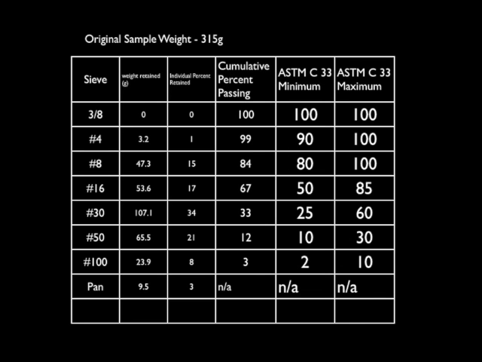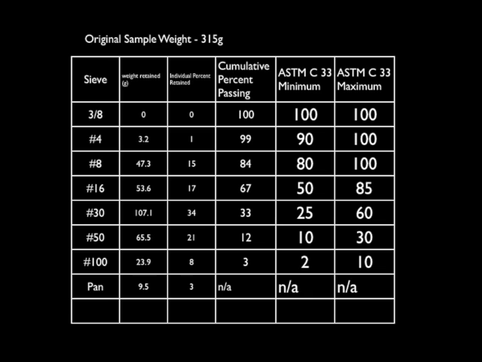And now we get an opportunity to see if our sand sample actually meets the requirements of ASTM C33. As we can see on the 3/8 inch sieve, the minimum and maximum for ASTM C33 is 100%, meaning that all of our samples should have passed through this sieve. And in fact, it did.